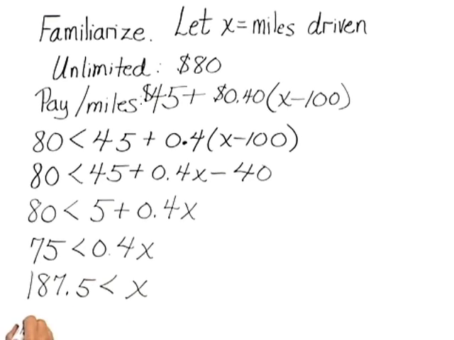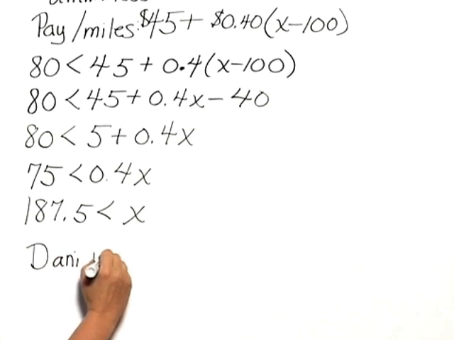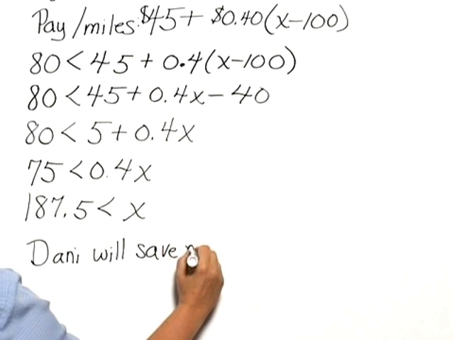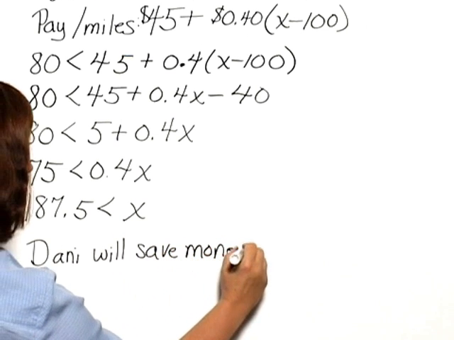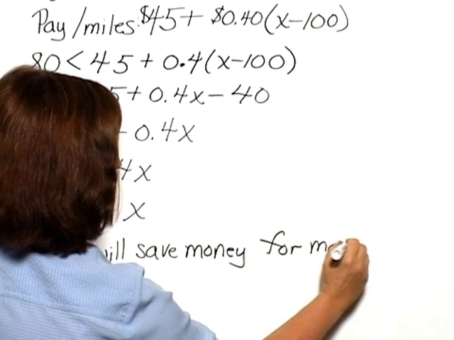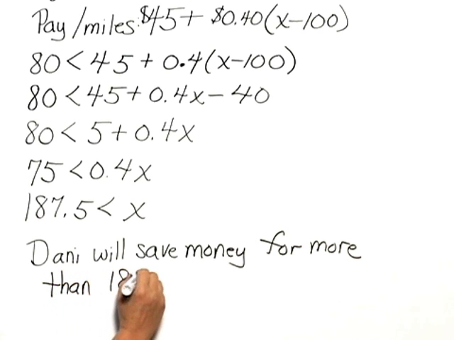So we can state then that Danny will save money for more than 187.5, or we usually would write that as 187 1/2 miles.